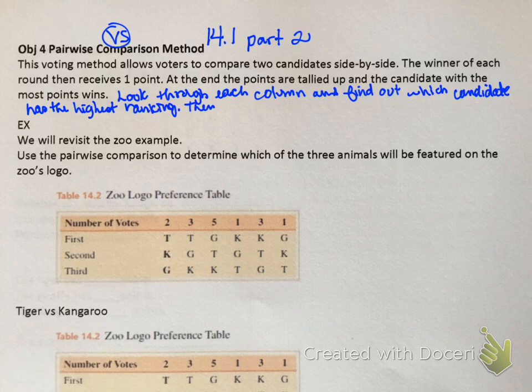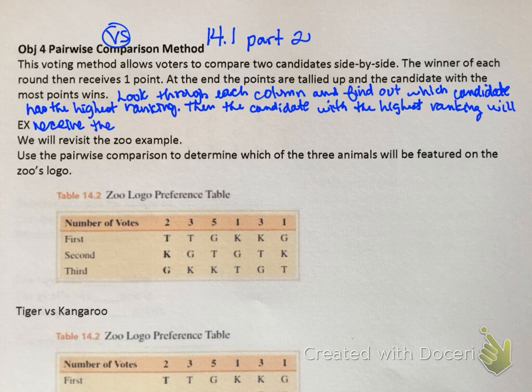Then the candidate with the highest ranking will receive the votes. Then we tally them up. So you're going to tally up the votes for the two candidates.